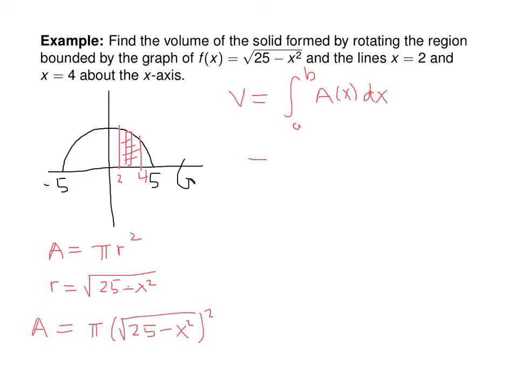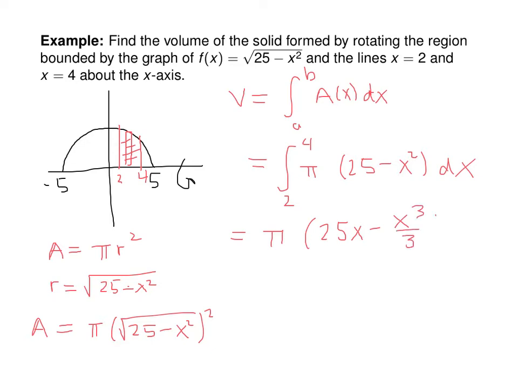And my slices begin at 2 and they end at 4, so my limits on my integral are 2 to 4. So this volume is found by finding the integral from 2 to 4 of pi times just 25 minus x squared dx. Not so hard. So we'll have pi times 25x minus x cubed over 3, from 2 to 4.